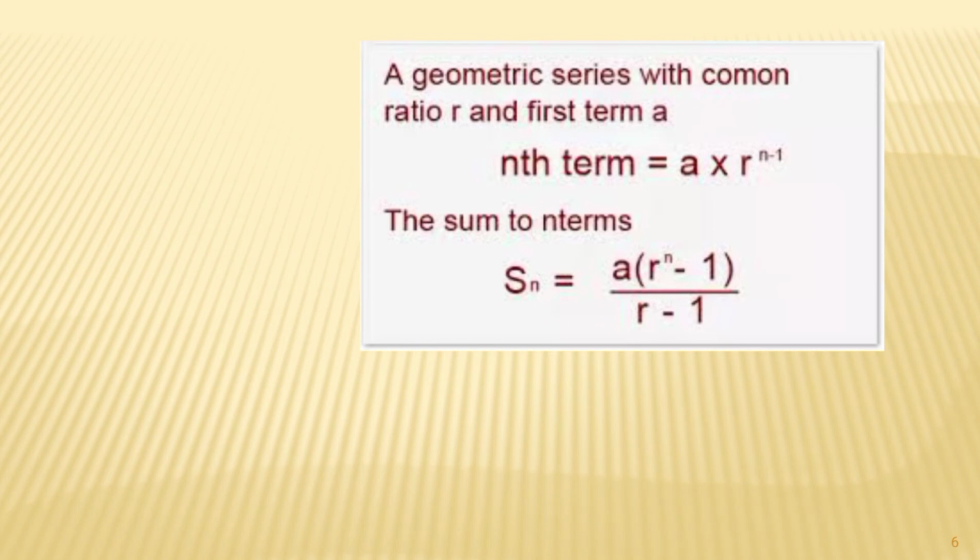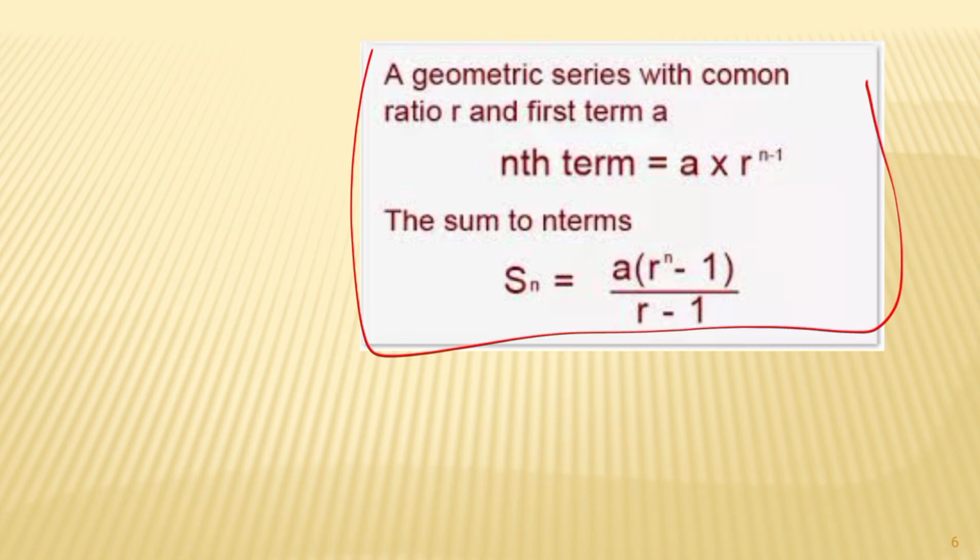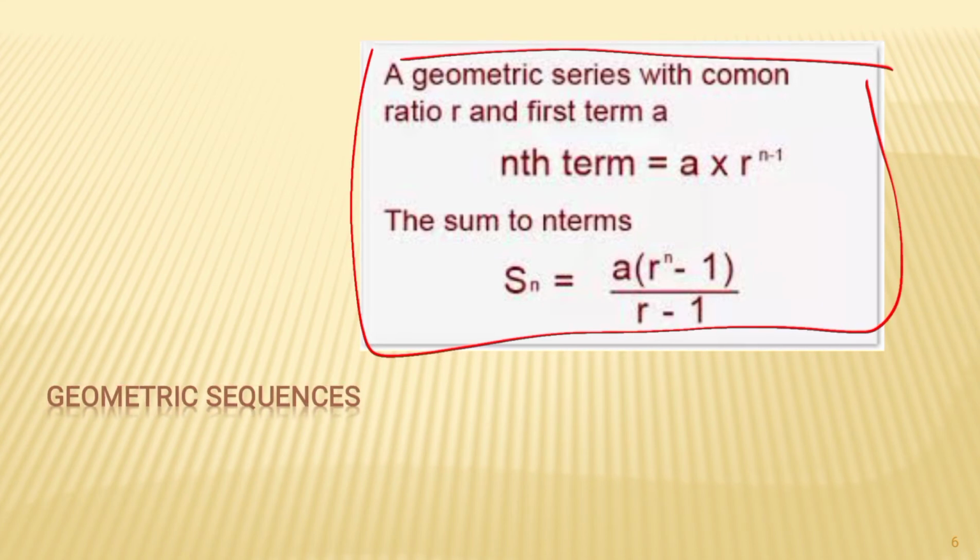And then next, the second, the geometric sequence. Look at the picture. A sequence in which every term is obtained by multiplying or dividing a definite number with the preceding number is known as a geometric sequence.